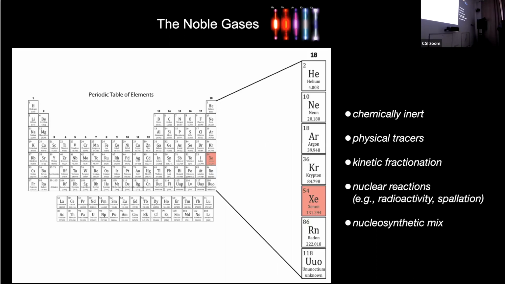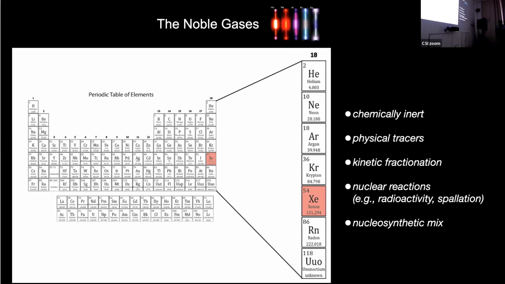And also, like every element in the solar system, they are made from different stardust, from different stars. And so the isotope composition can be heterogeneous, depending on the nucleosynthetic mix.